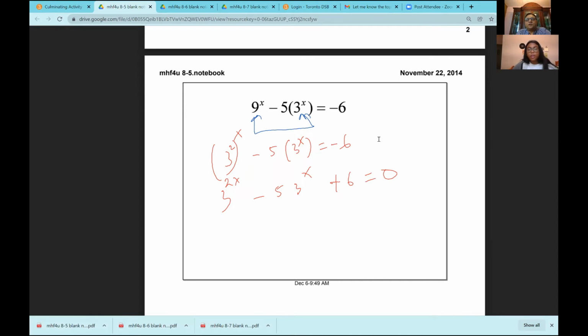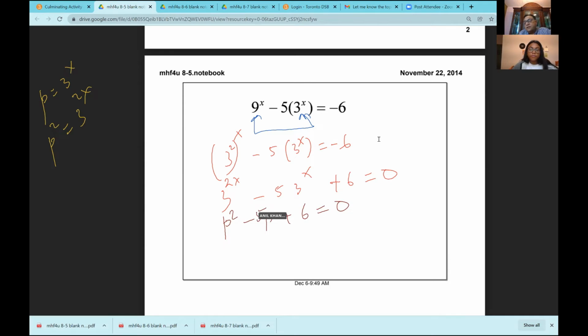So you could substitute p, right? Yeah. We'll do that. So we'll again write the substitution. Let p equal 3 to the power of x. So p square equals 3 to the power of 2x. And that gives us the substitution here. We get p square minus 5p plus 6 equals 0.